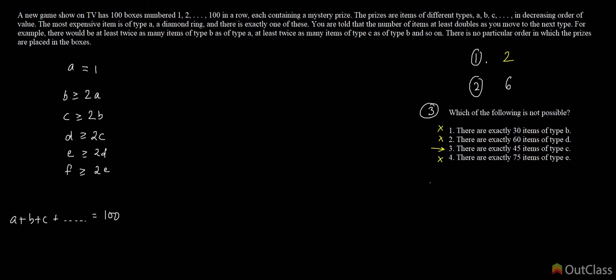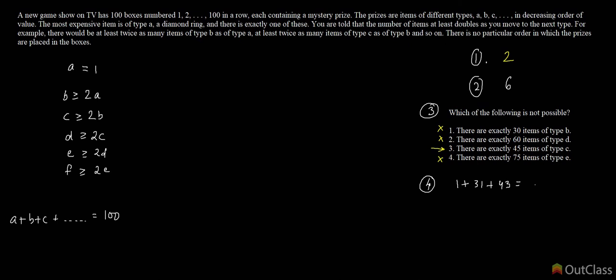The fourth question is basically telling us that as far as box 45 is concerned, there is a particular price in it, and the same price is present in 31 of the 44 boxes to its left, and in 43 of the 55 boxes to its right.